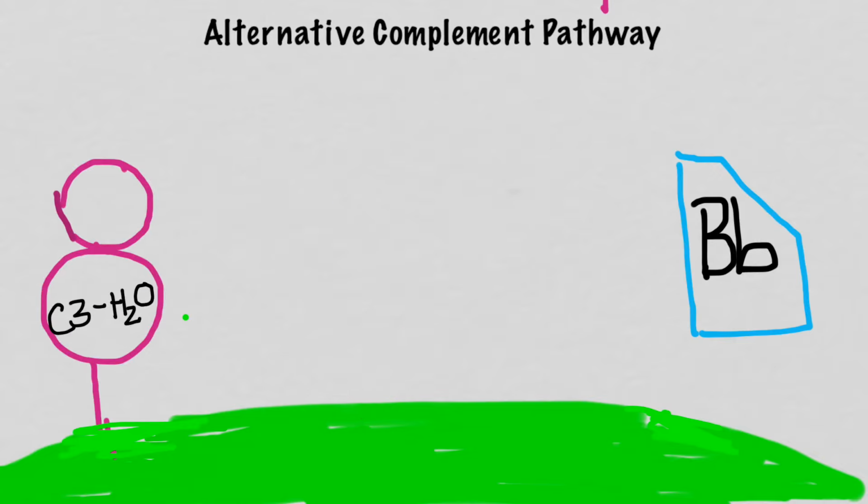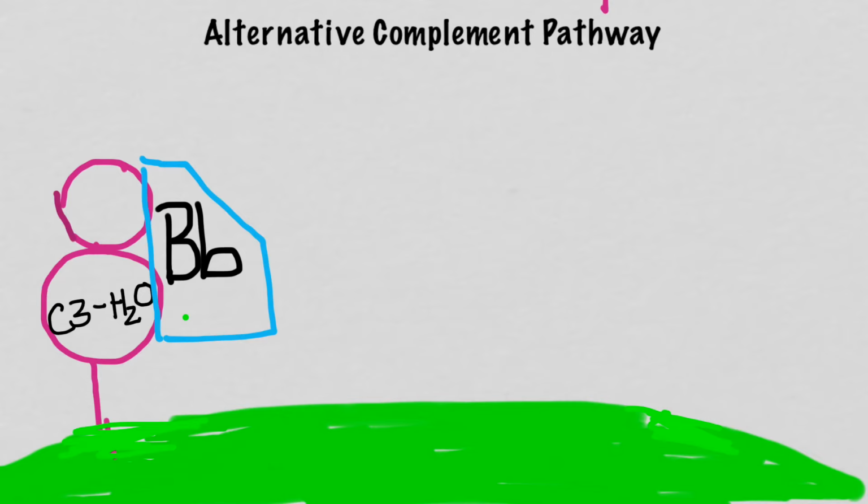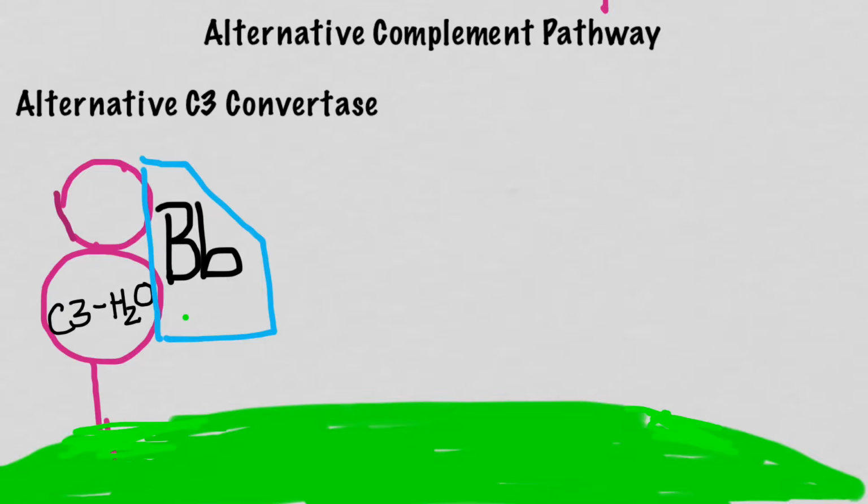In this case, factor Bb, the little b here indicating that it is an active component. So once again, we're using this lowercase letter to denote the active form of factor B. Well, this C3H2OBb is one of two alternative C3 convertases.